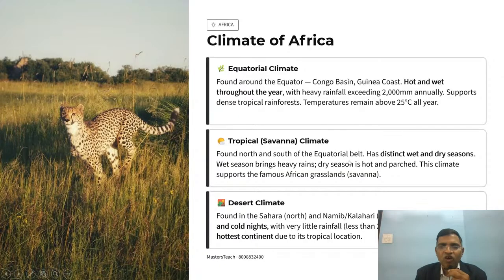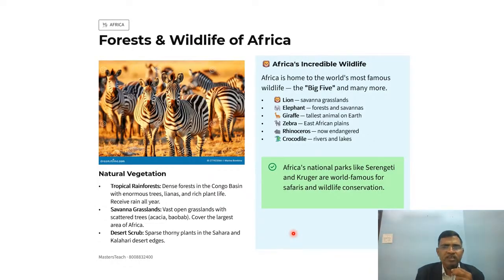Africa is the hottest continent due to its tropical location. It seems like reading a paragraph, but it is very important from the examination point of view. The climates of Africa: equatorial, tropical savanna, and desert. Then forest and wildlife.